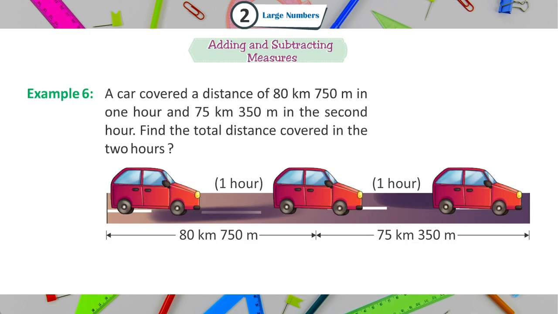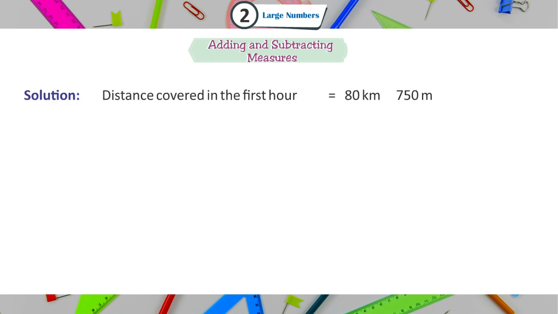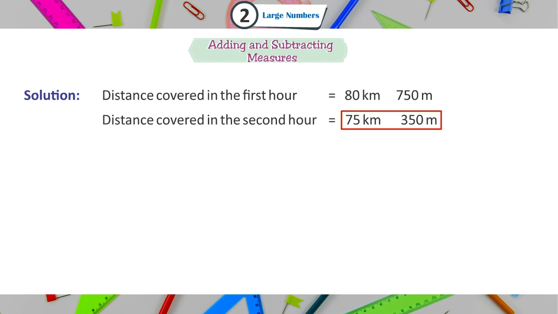Example 6. A car covered a distance of 80 kilometers 750 meters in the first hour and 75 kilometers 350 meters in the second hour. Find the total distance covered in the 2 hours. Solution. Distance covered in the first hour is equal to 80 kilometers 750 meters. Distance covered in the second hour is equal to 75 kilometers 350 meters.